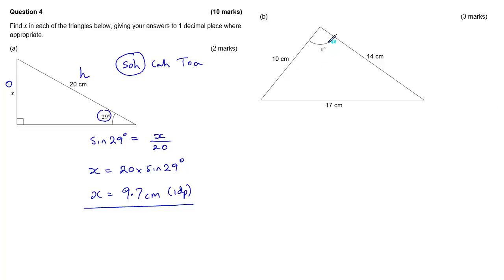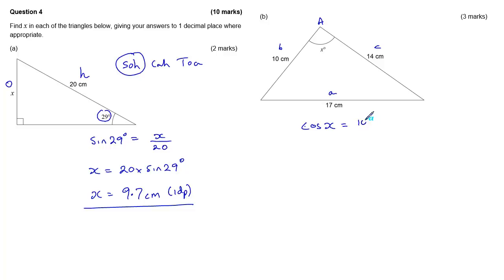Now here we've got to find this angle, and we know three sides, and that tells us we're going to be using the cosine rule. So I'm going to use the rearranged form of that. So I'm going to say cos x is equal to, now this one is a, so this is a, and then we can call these b and c in any order.